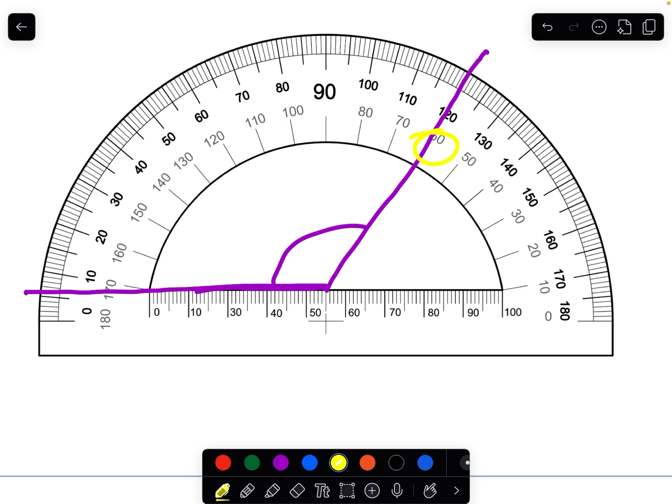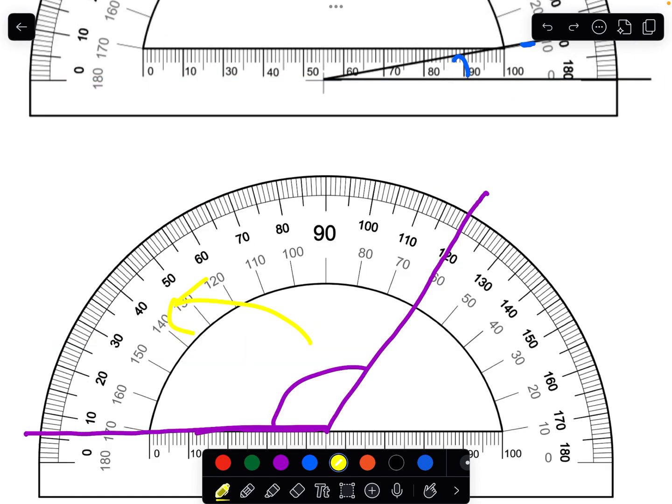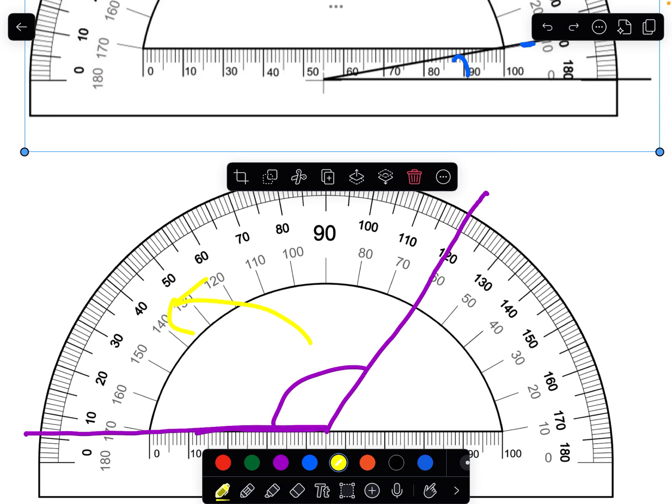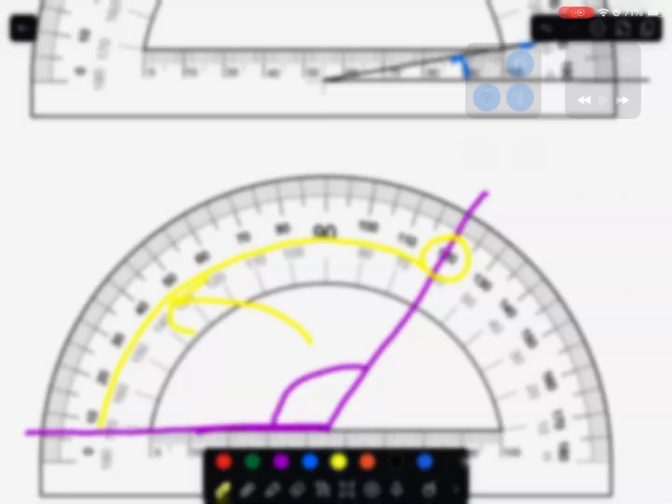Now you might be tempted to say 60 degrees, but keep in mind that the angle is opening out to the left. So we need to use the top line. This angle is actually 120 degrees. And that is all for now. Now you can measure angles.